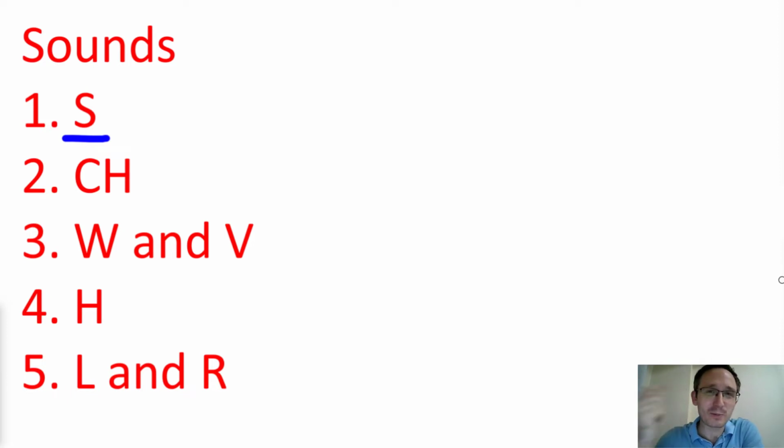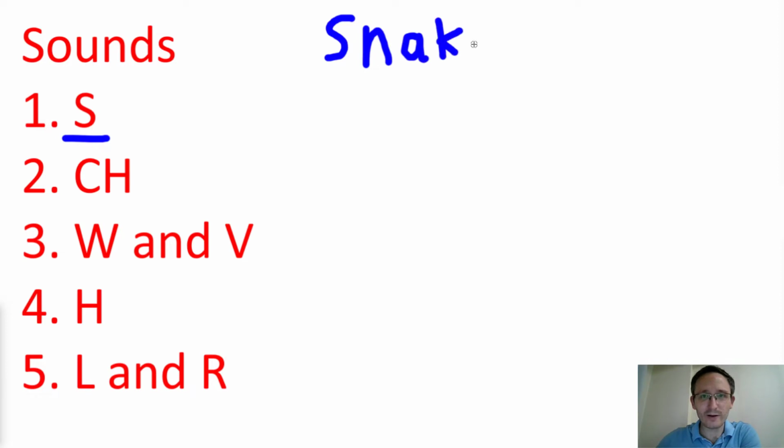The S sound should be like air in a tire on a bicycle, or a balloon or something. So the S sound for the word snake sounds like this: snake.